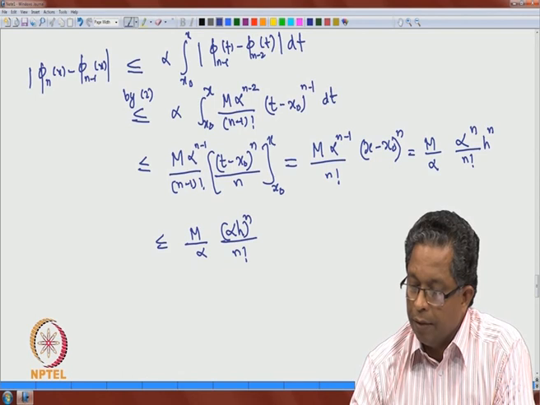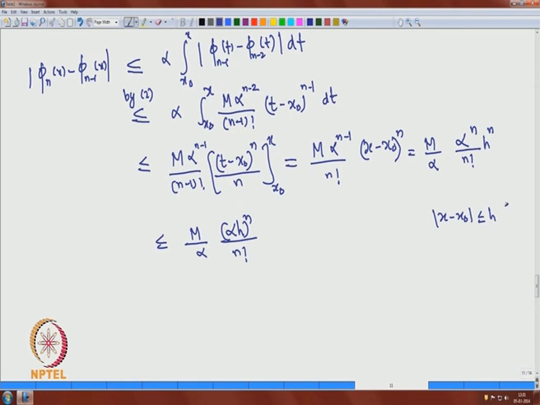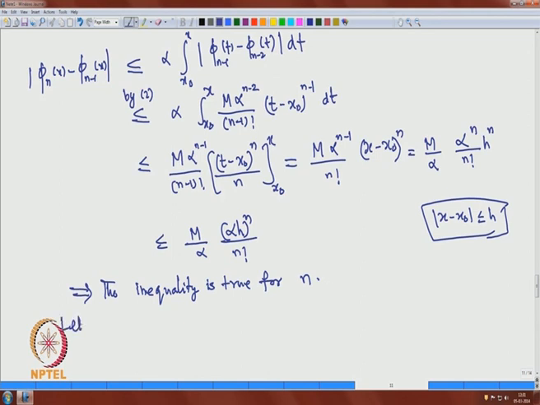So, this implies that the inequality is true for n. We assumed that the inequality is true for n minus 1, and then we could prove that the inequality is true for n.